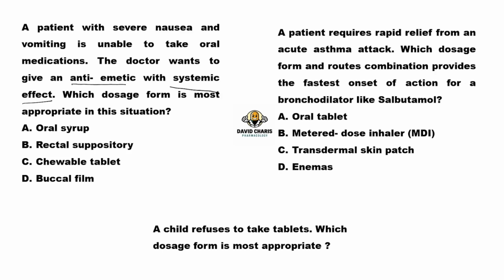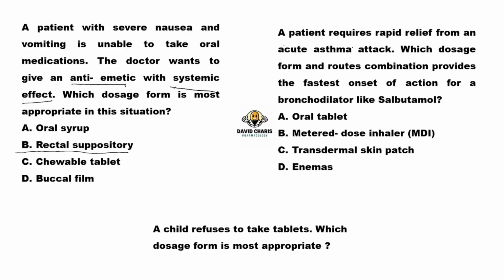Is it A, oral syrup, B, rectal suppository, C, chewable tablet, D, buccal film? So the answer, of course, is rectal suppository since it is for antiemetics, and of course we need systemic effect immediately.